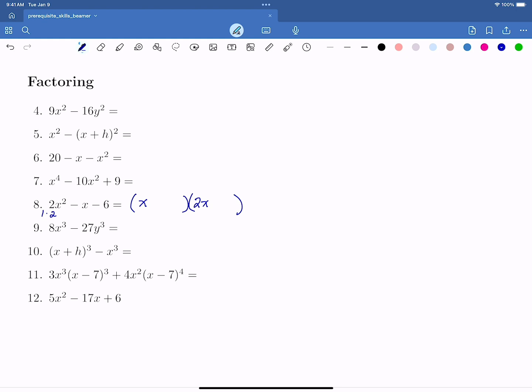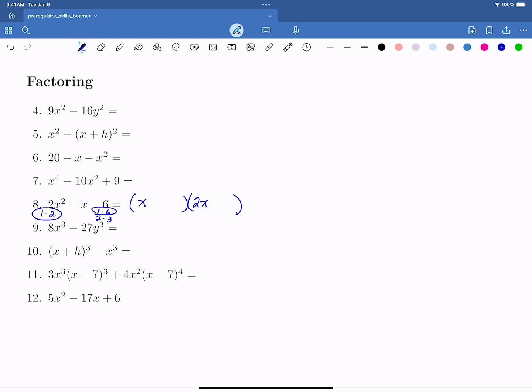Now to get the negative 6, it could be 1 times 6. It could be 2 times 3. So I'm looking for a combination of these two numbers and these two numbers to give me a -1 in the middle, or possibly these two numbers.